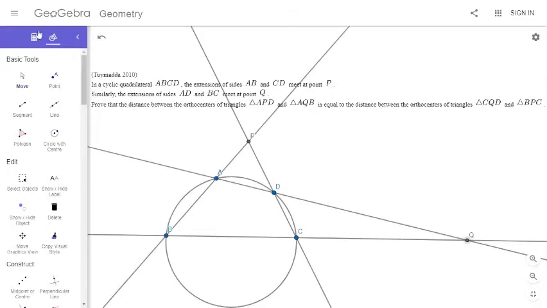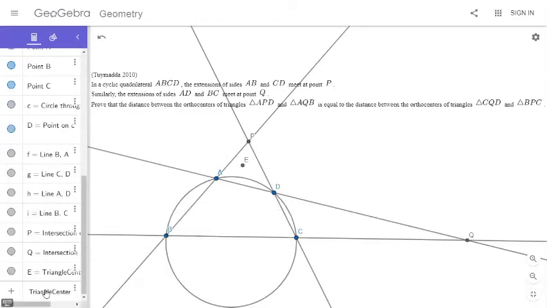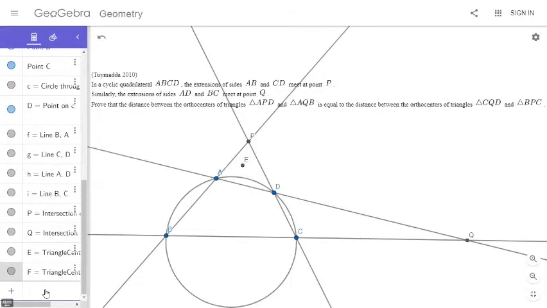Triangle center APD4, and then triangle center AQB4. I don't even see it because it's off the page. And then triangle center CQB4.